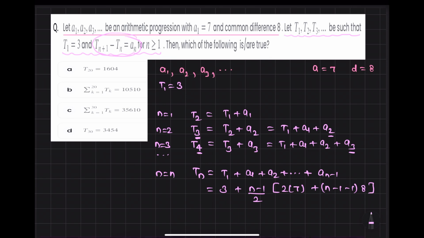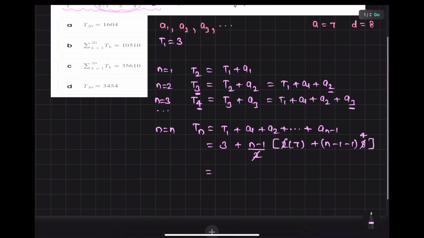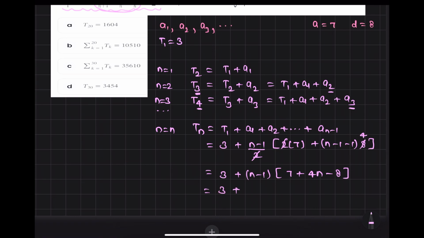Now you can take 2 common, and this thing is gone, so we are left with 3 plus (n minus 1) times (7 plus 4n minus 8), correct. So we got 3 and this is 4n minus 1.